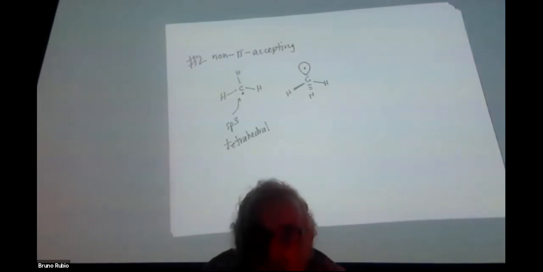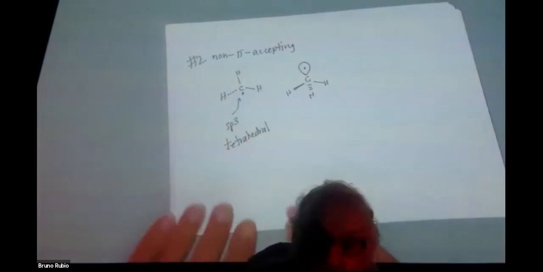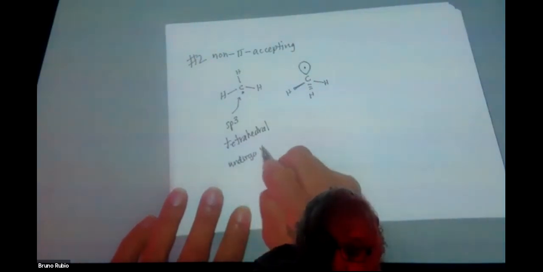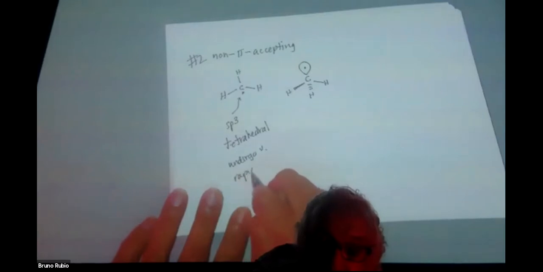But not only that, the non-pi accepting sp3 hybridized tetrahedral radicals are configurationally unstable. So they undergo a very rapid inversion.